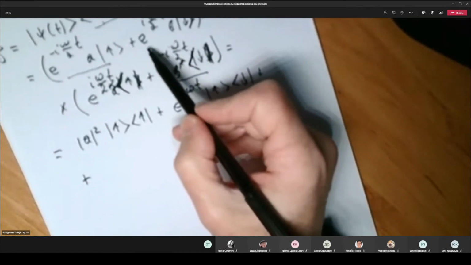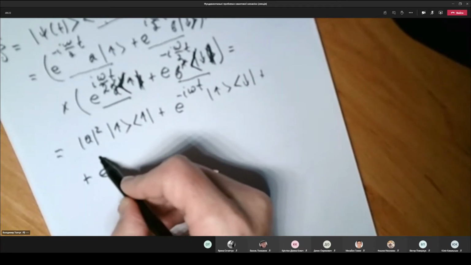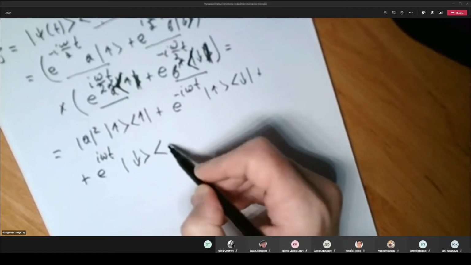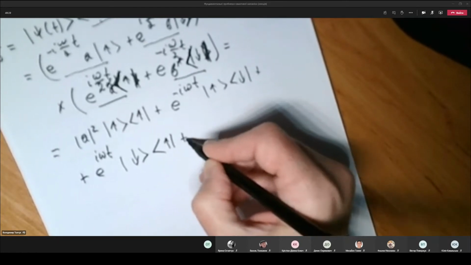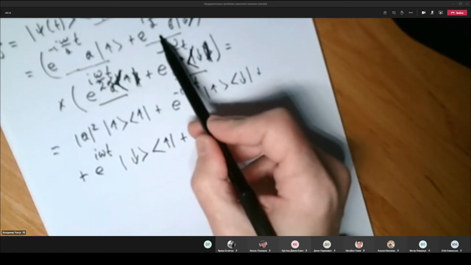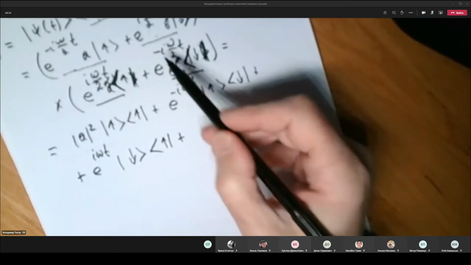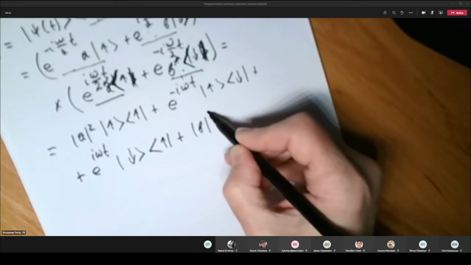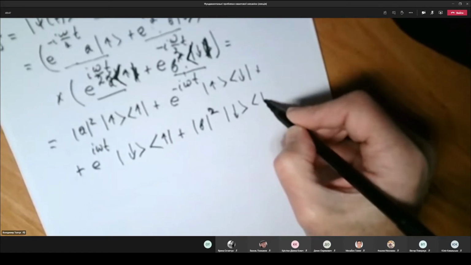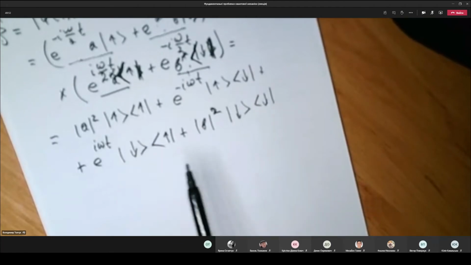Then we have the product of the second term on the first term, so it will be exponent with plus I omega t, arrow down, arrow up. And finally second term with second term: the exponent is cancelled, B absolute value squared, arrow down, arrow down. So the density matrix can be written in such form.